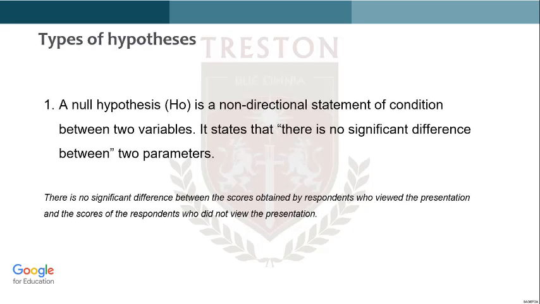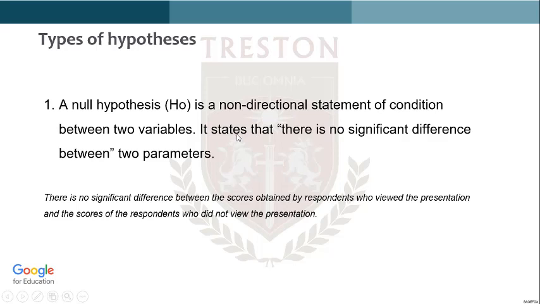So there are two types of hypothesis. You could fairly say, in layman's terms, this is a contrast between two, a yes or a no, a negative and a positive, to simply put it. But you would call one of the hypotheses the null hypothesis, or signed as H0, a non-directional statement of condition between two variables.